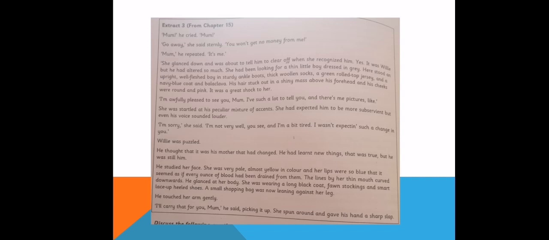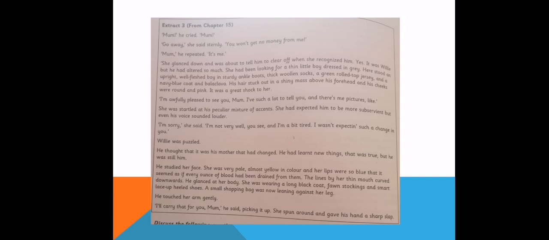"Mom," he cried. "Mom!" "Go away," she said sternly. "You won't get no money from me." She probably thought he was a beggar. "Mom," he repeated, "it's me." She glanced down and was about to tell him to clear off when she recognized him. Yes, it was Willie. But he had altered so much. Altered means changed.